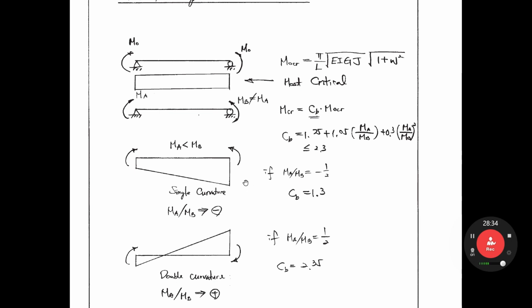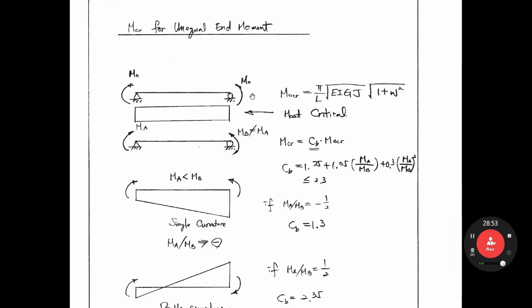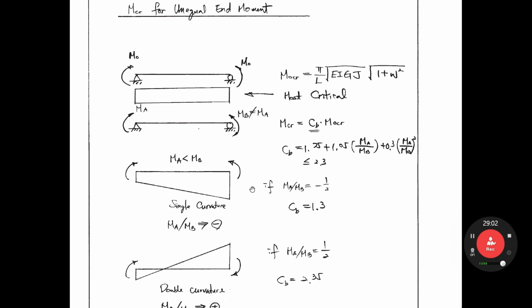So the lateral torsional buckling strength increases 1.3 times compared to the same end moment case. That means every section and yield strength is identical, only the moment distribution is different, and the lateral torsional buckling strength is different.